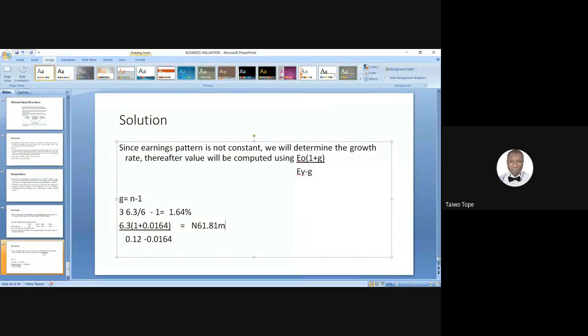Square root of answer minus 1. But once you follow it, you get it.